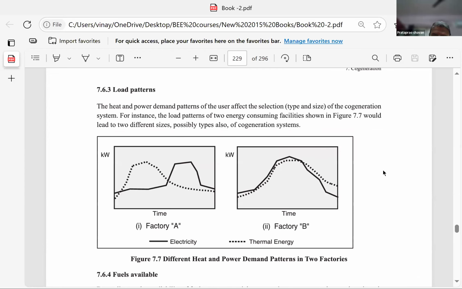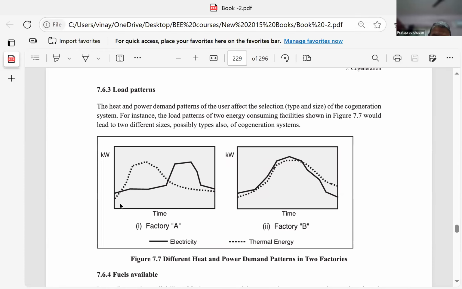Process required. Yes, whatever we discussed on the load variation, this is what they have shown. A factory A and factory B. Now factory A, over time, their electrical requirement is this, the dark line, this is electrical.